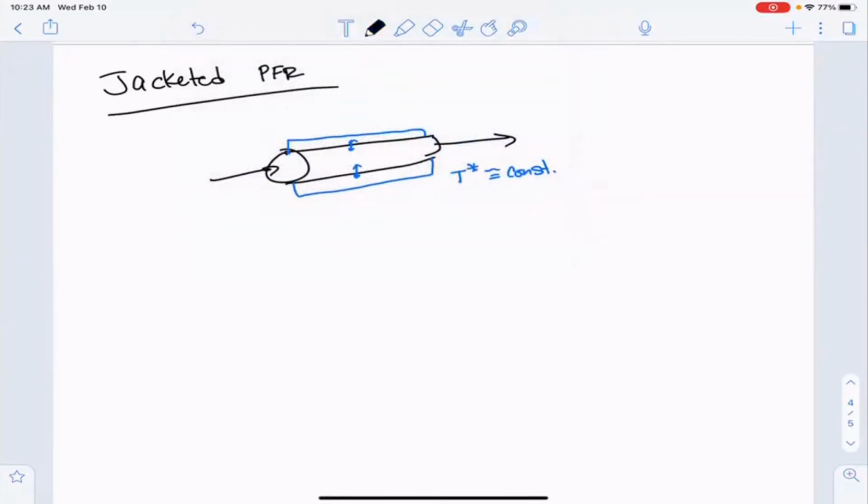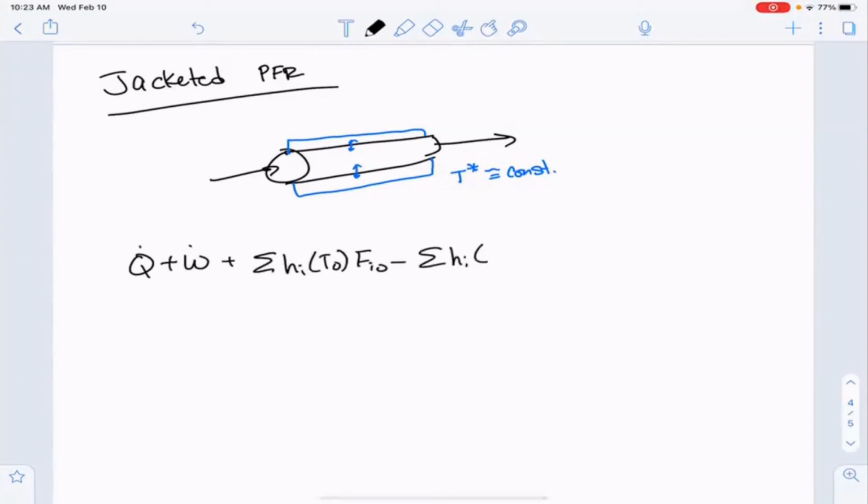One of the things to note here is that our energy balance only assumed that we had a flow reactor operating at steady state. So this equation, Q plus W plus the sum of Hi Fi0 minus the sum of Hi times Fi is equal to 0, that still holds.